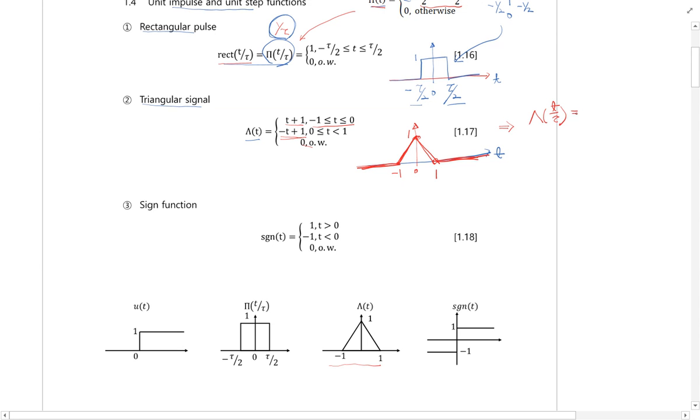Then we need to consider the time scale factor. The time scale factor is given like this.